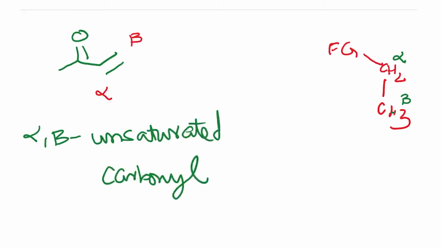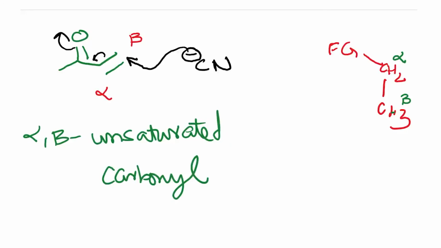These are very important synthetic intermediates. We'll look at them not just here, but throughout the next few years that you will be studying chemistry. So now coming back to the arrow pushing mechanism, we have CN minus, it attacks here, and then this moves here, and this moves here.